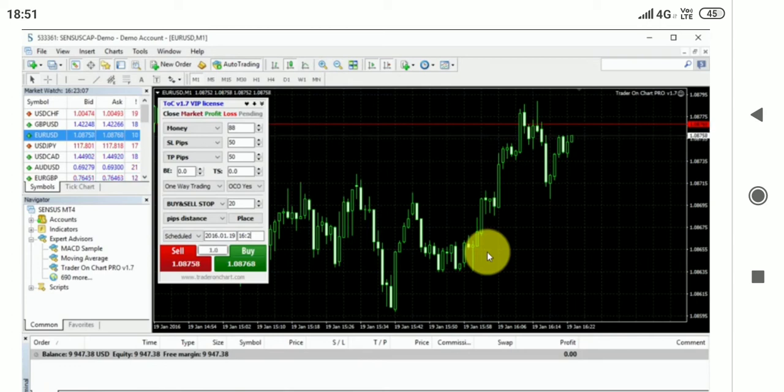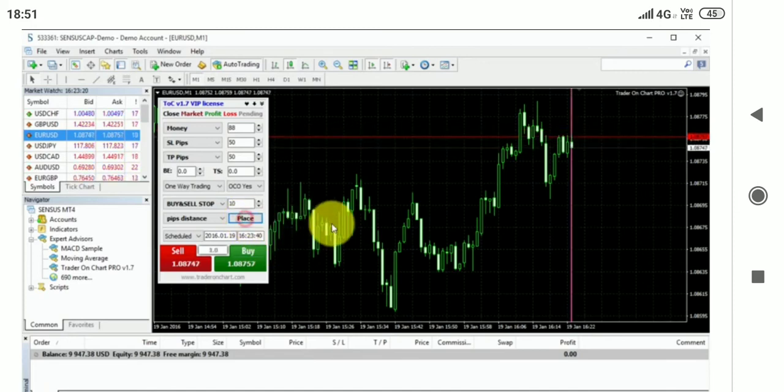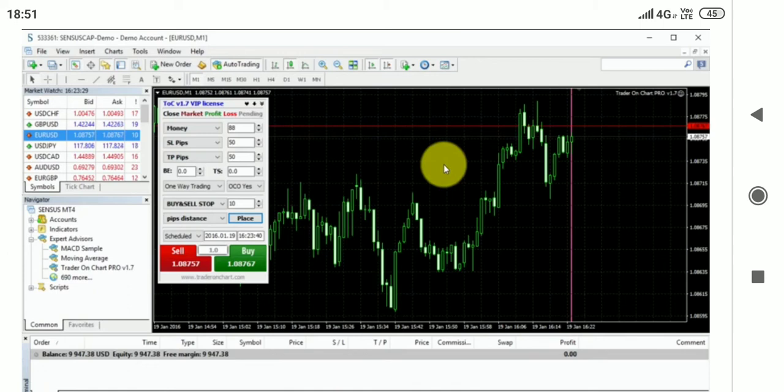It actually works with seconds, so I can do 23 and, for example, 40, and then I can say place my 2 pending orders 10 pips from the distance that will have. So I click place button, and it creates this horizontal line, purple line, and it means there's a scheduled order.